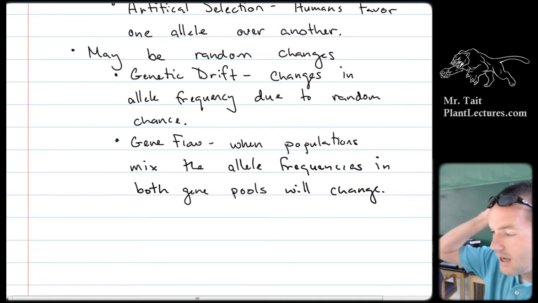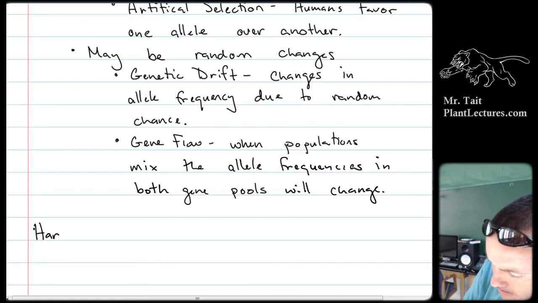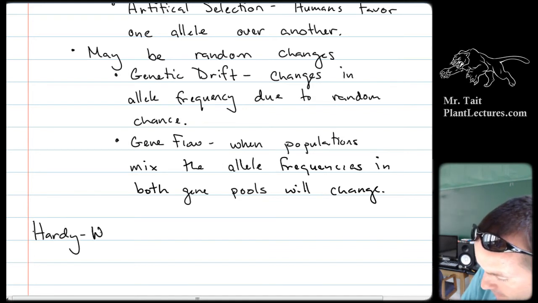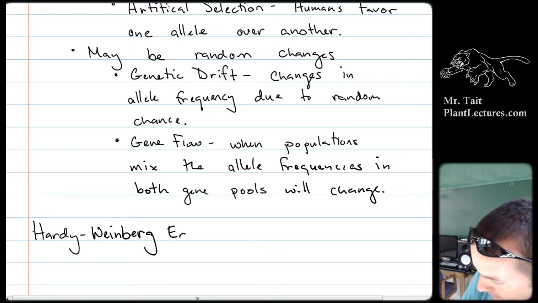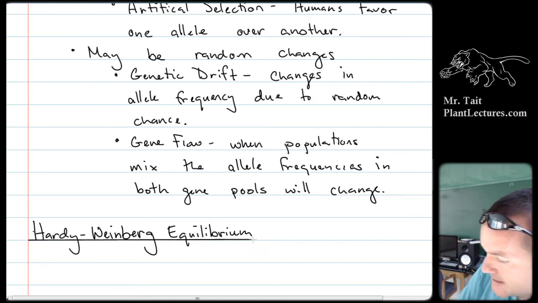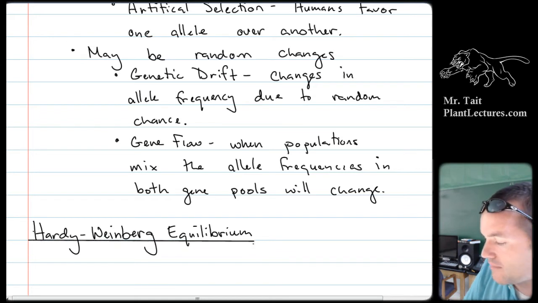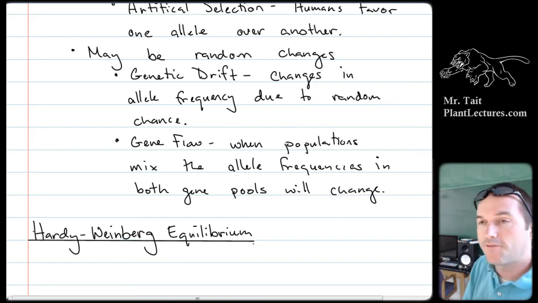So these concepts apply to something that's called Hardy-Weinberg Equilibrium. Hardy-Weinberg Equilibrium says that there is this condition, this state that an allele might be in, or that a gene might be in, where the allele frequencies stay constant. Okay?